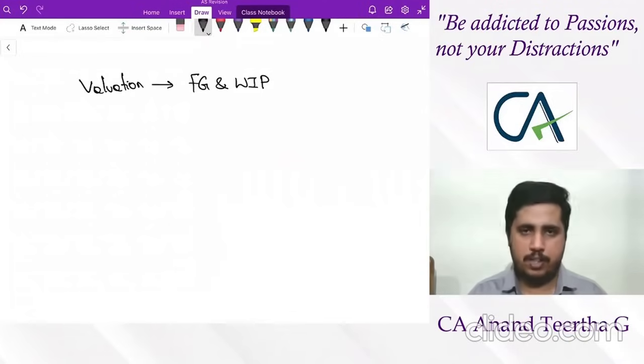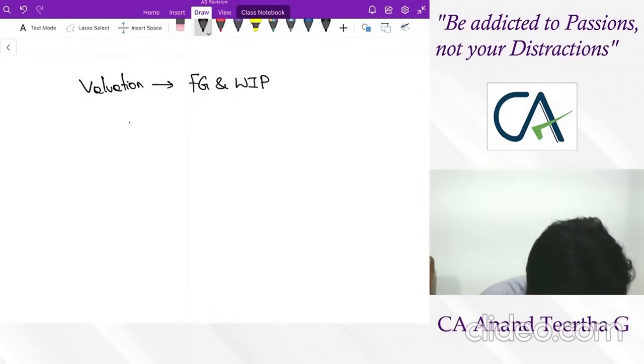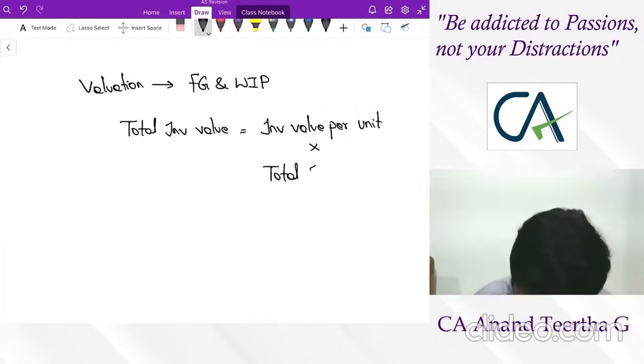Before I start with the valuation rules, first you have to remember one thing. How do I get total inventory value? Normally, first we get inventory value per unit. This will be multiplied with total inventory units.